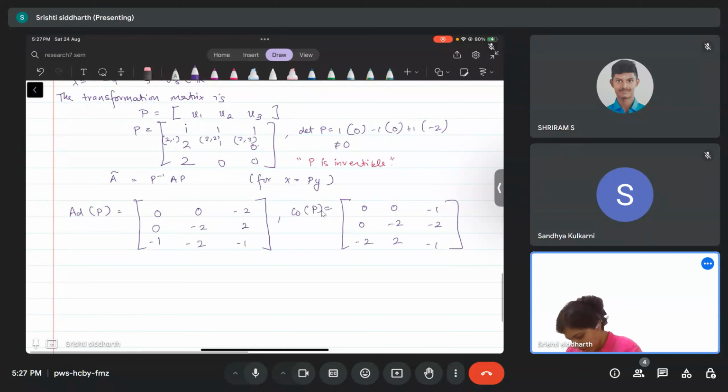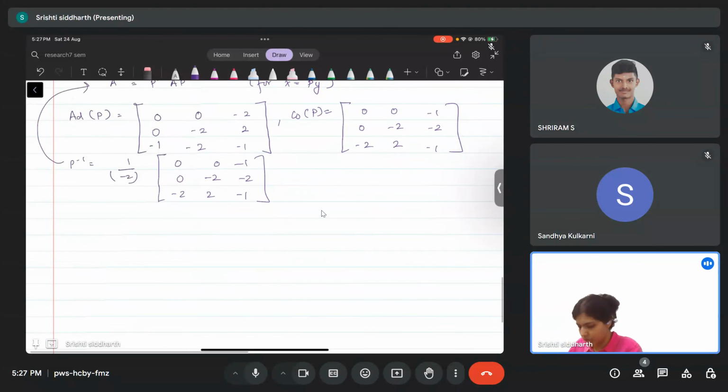And then P inverse is simply 1 by -2 times this. So you can substitute that here and get the result.